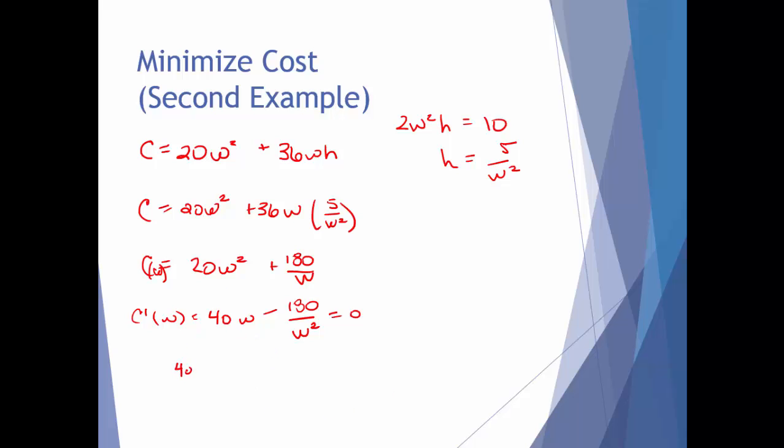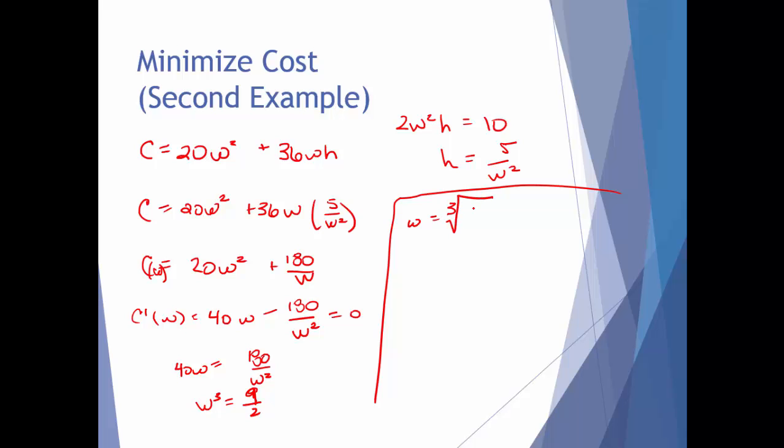That tells me that 40W has to equal 180 over W squared, so that W cubed equals 9 halves. So my W for this, my critical number, is the cube root of 9 halves.